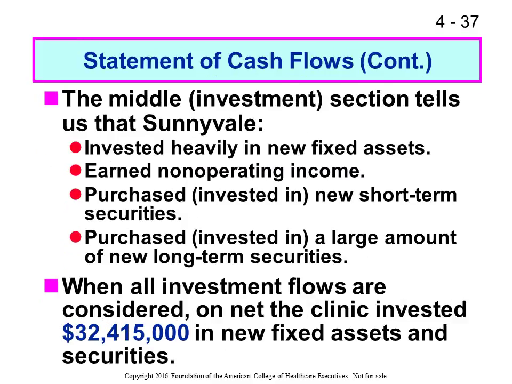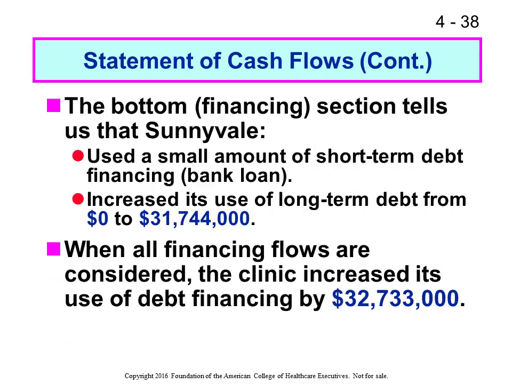The middle section lets you know where you've put most of your assets. It also talks about your non-operating income, remember that from previous chapters. And the bottom section tells you about any short-term or long-term financing or debt that the facility currently has.